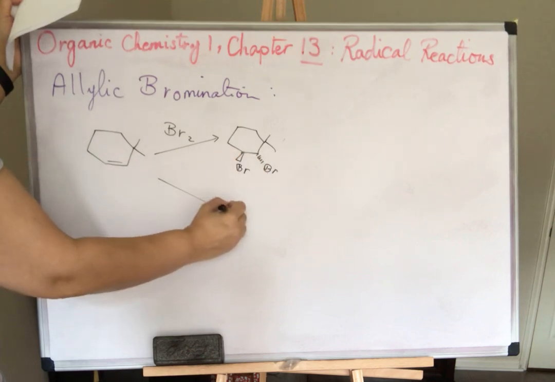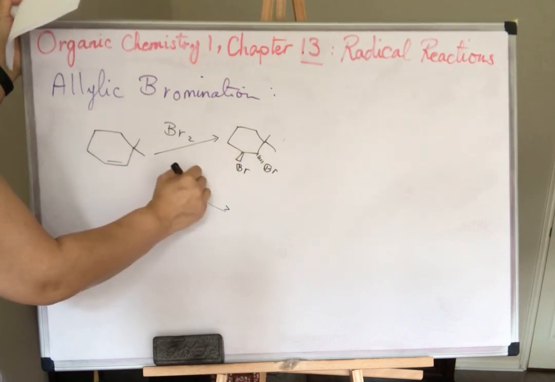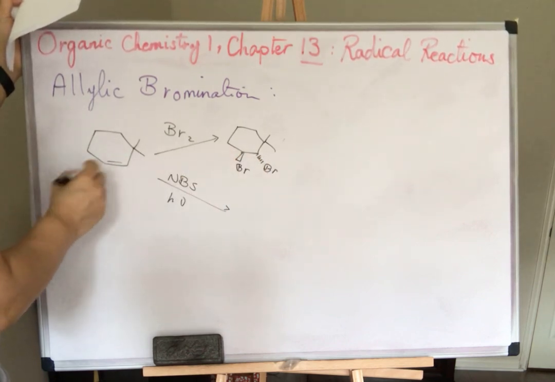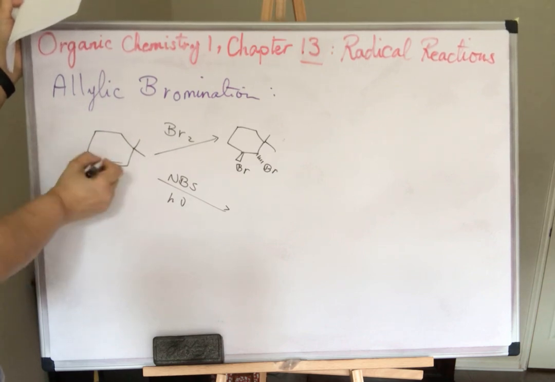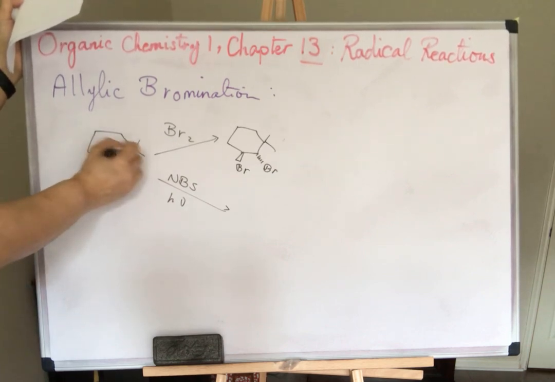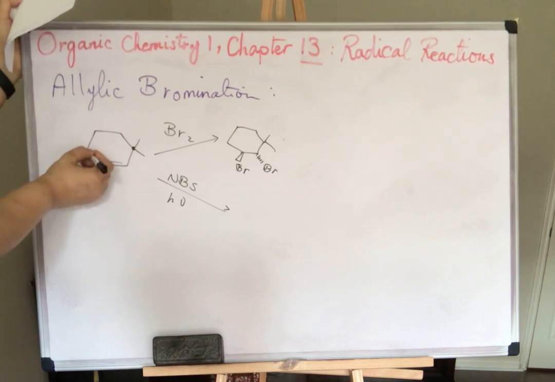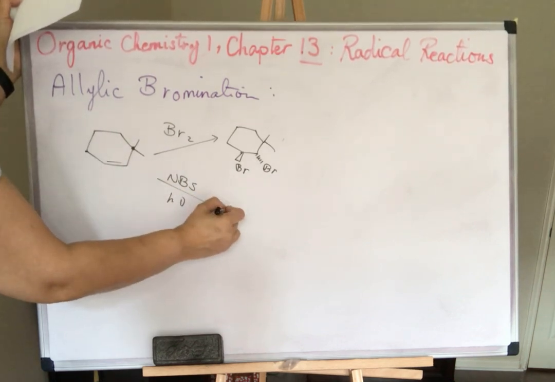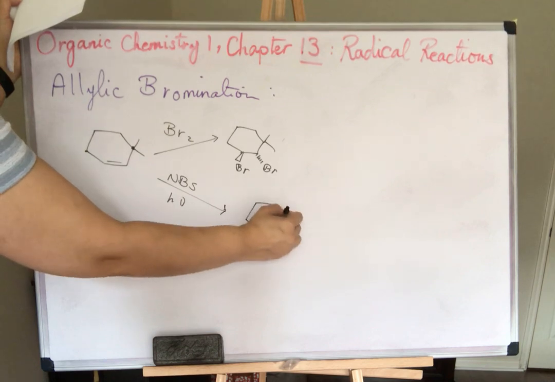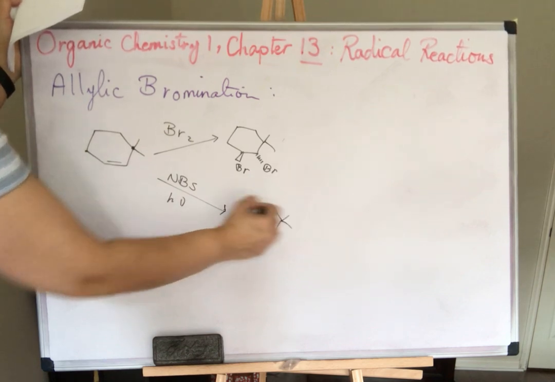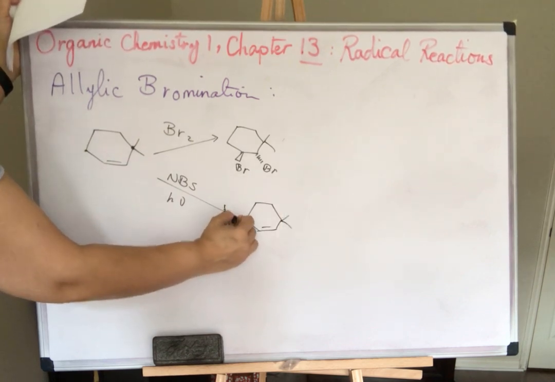If you use NBS in light, you don't touch the double bond. Allylic positions are either here or here. But the good point about this example is that you don't have any hydrogens to replace. So the only choice is here. You have to be careful. You must have an allylic hydrogen in the allylic position. So you will have this.